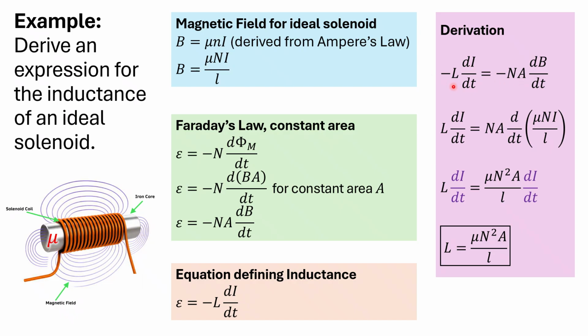We have the negative of the inductance times the rate of change of current is equal to the negative of, from Faraday's law, number of coils, area, and the rate of change of the magnetic field.